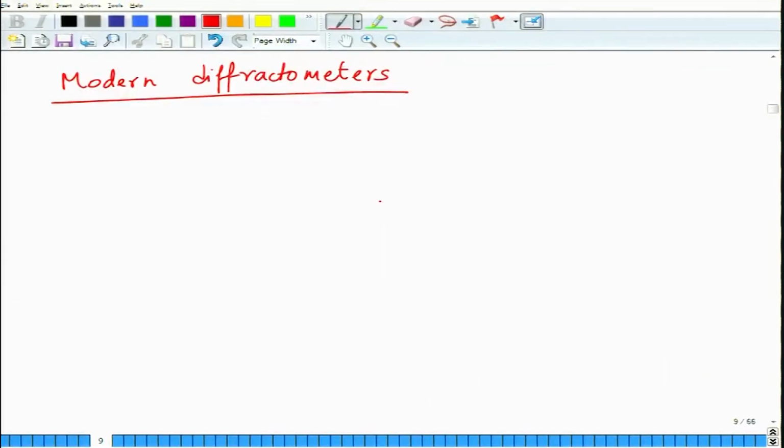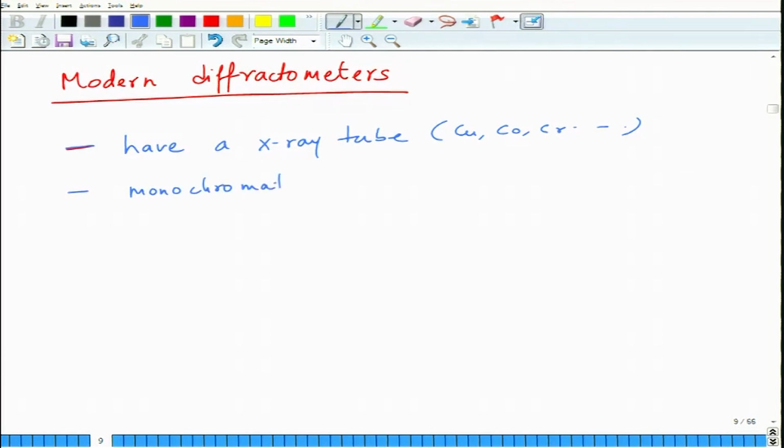Okay. So, modern diffractometers have an X-ray tube, which could be copper, cobalt, chromium, any source, and they use monochromators for fixed lambda. Monochromators are basically single crystals which reflect only a particular wavelength.